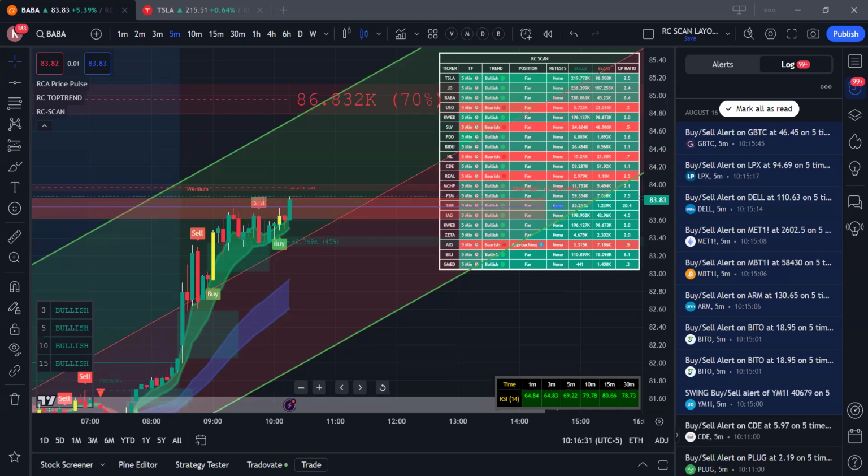I'm doing a spread for Baba, selling 85 put and buying 83, a bull put, and collecting $110 for next Friday.